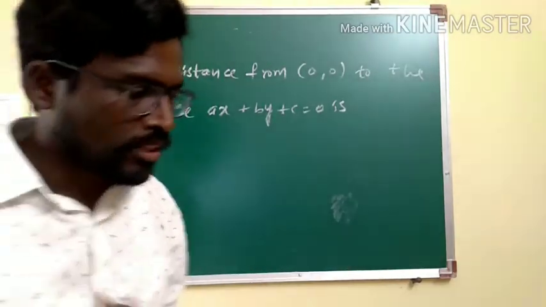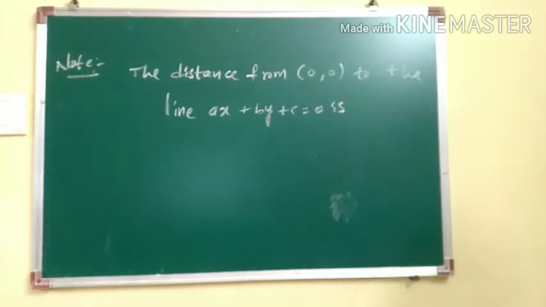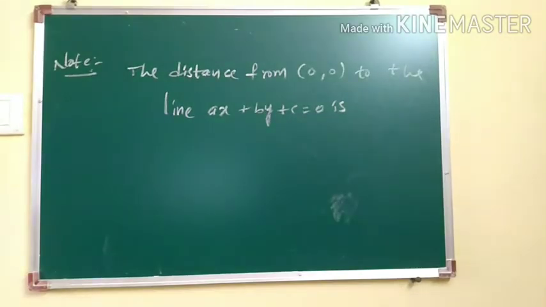The distance is mod of ax1 + by1 + c by root of a square plus b square.